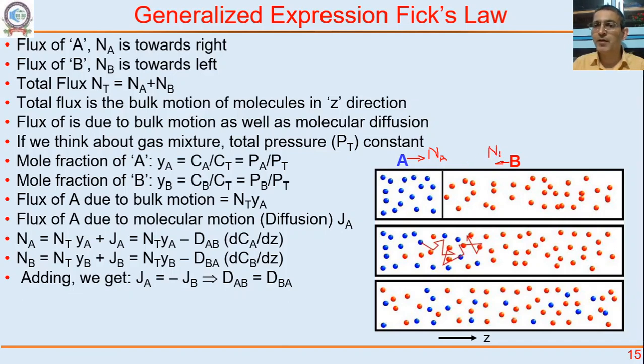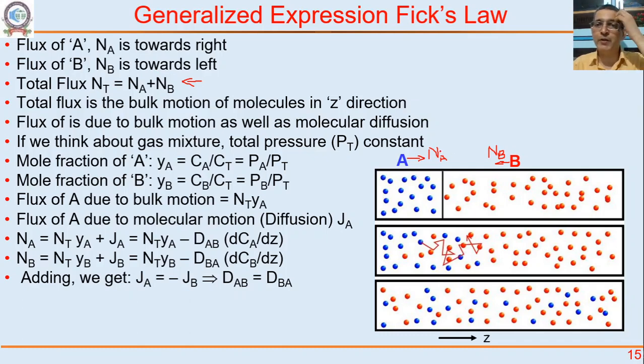But what is bulk motion? Bulk motion is nothing but a bunch of molecules traveling in one direction. Think about a fan, bulk motion. All molecules of air traveling in the downward direction.